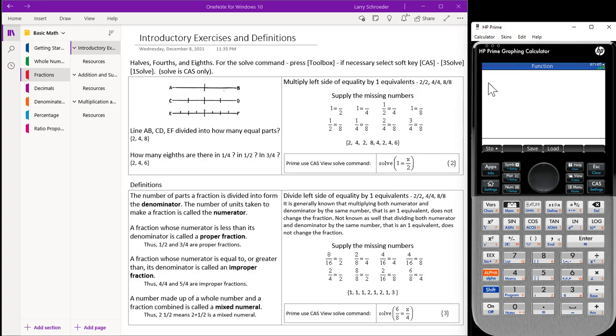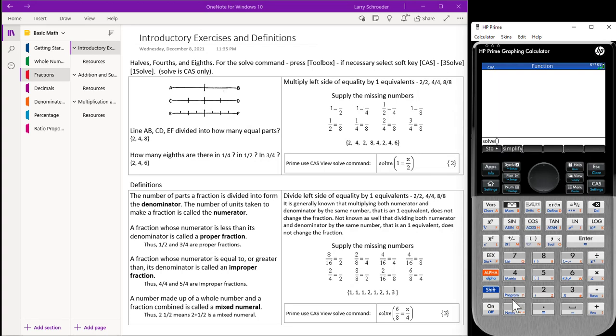We will have to switch it over to CAS. Let's go ahead and see how we would solve 1 equals x over 2. So we're in CAS, hit our toolbox, we want solve, and we want solve.